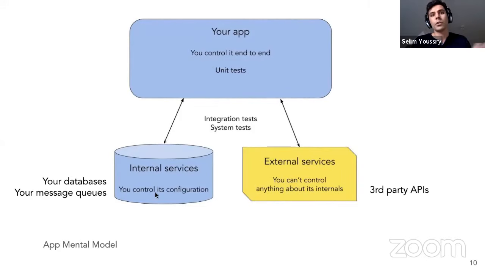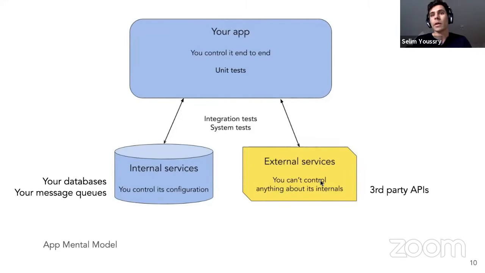Then you have internal services. You control the configuration. You don't control how they're written, but you control how you configure them because you spin them up. These are things like your databases or message queues. And then the third one would be external services, for which you have even less control.